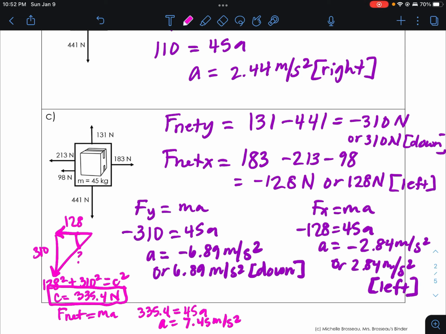And then that angle would be inverse tangent again, so opposite over adjacent. That's 67.56. So if we're looking for an overall one, this is what it would look like for letter C from number 4.